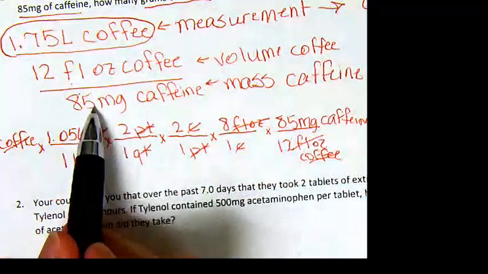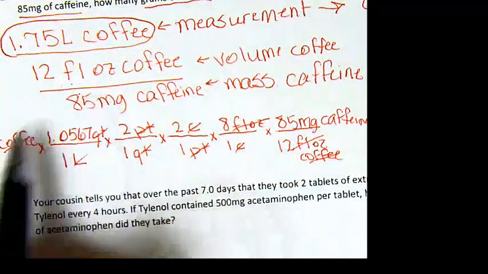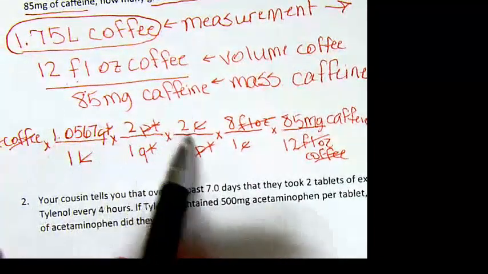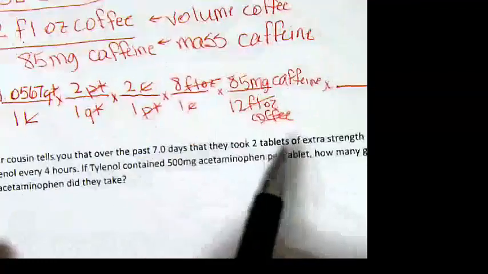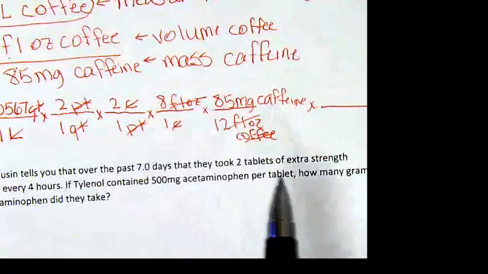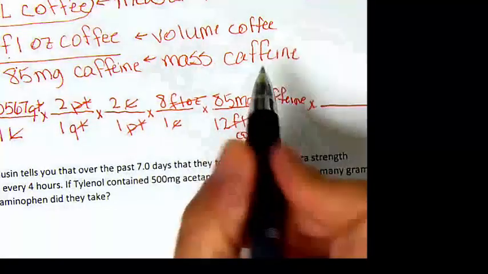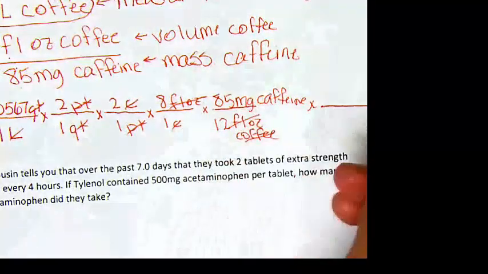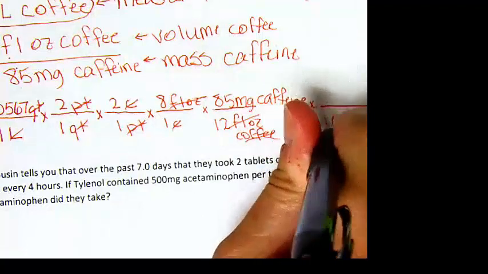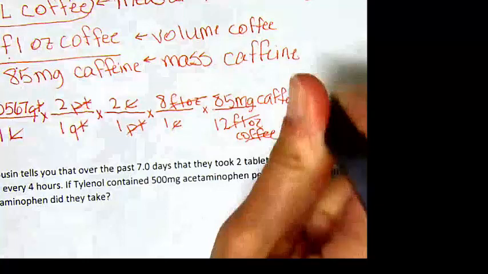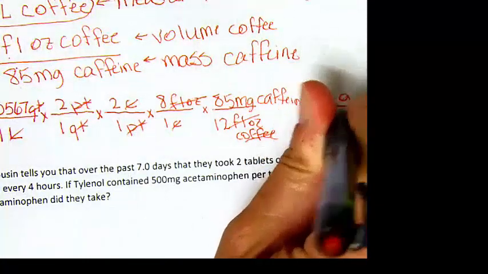This is the fluid ounces and 85 milligrams. And so I used unit equalities to get to the right unit. And then I was able to use this nutrition information about caffeine, and that allows us to get to mass of caffeine. And according to the definition, 1,000 milligrams is the same thing as 1 gram.